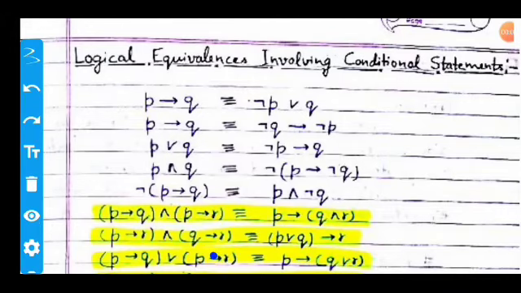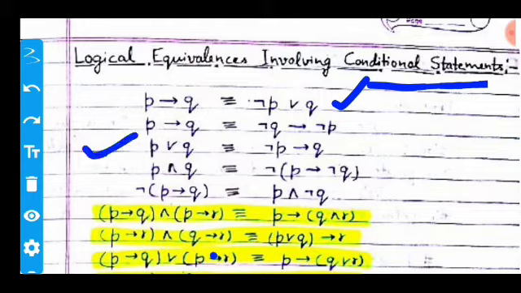Now come to logical equivalences involving conditional statements. We already know from the previous lecture about conditional statements as well as biconditional statements. P implies Q is equivalent to not P or Q, and the conditional statement is also logically equivalent to not Q implies not P, meaning it is the contrapositive.